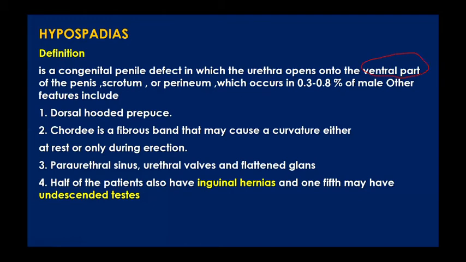It is usually found in the penis, the scrotum, and the perineum, and it occurs in about 0.3 to 0.8% of males. It is characterized by a dorsal hooded prepuce and chordee, and there may be a paraurethral sinus or urethral valve.